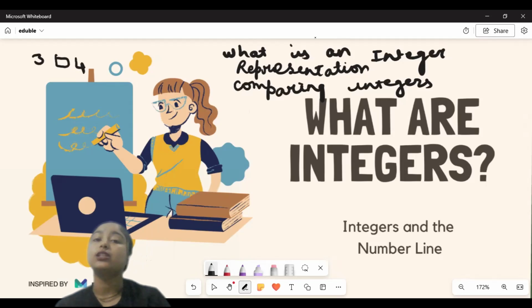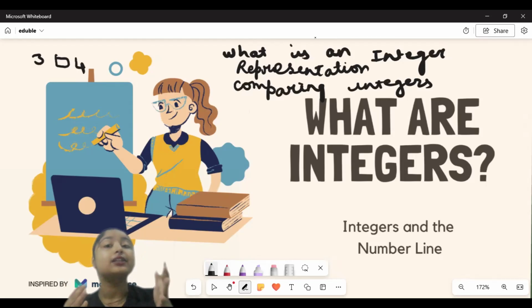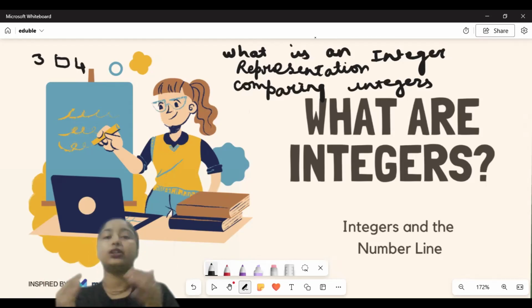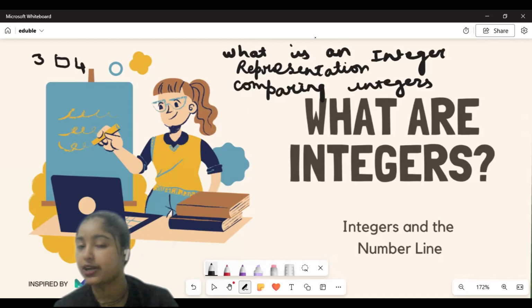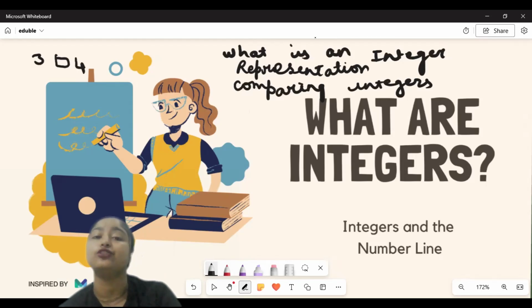But it's not just the direct; we will be doing the indirect one as well. The indirect one includes the arrangement of integers, let's say from smaller to bigger, and that can only happen when you know the comparison, when you know which one is smaller and which one is bigger out of all the given integers. So that is an indirect portion of comparing integers.